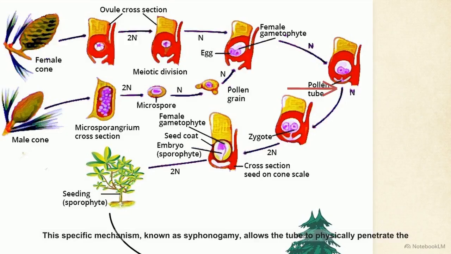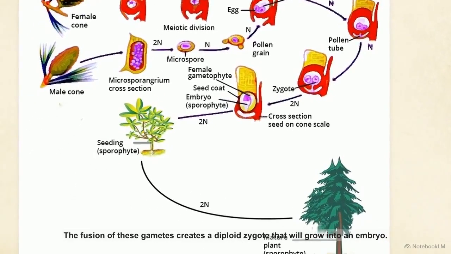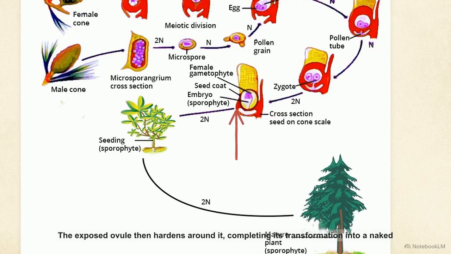This specific mechanism, known as siphonogamy, allows the tube to physically penetrate the archegonia and discharge the male gametes directly to the egg. The fusion of these gametes creates a diploid zygote that will grow into an embryo. The exposed ovule then hardens around it, completing its transformation into a naked seed.